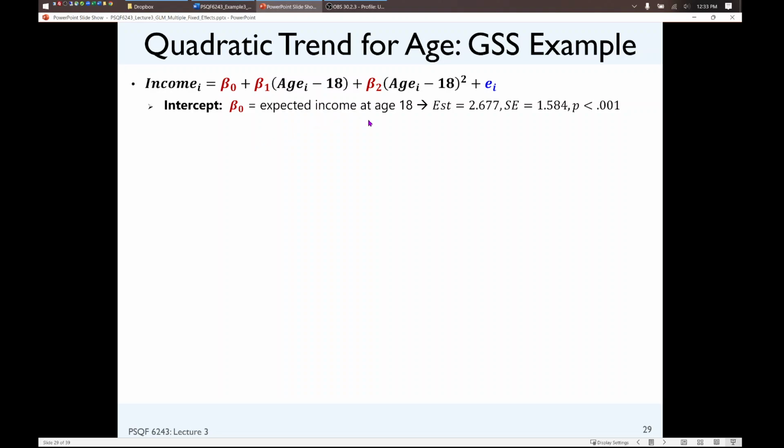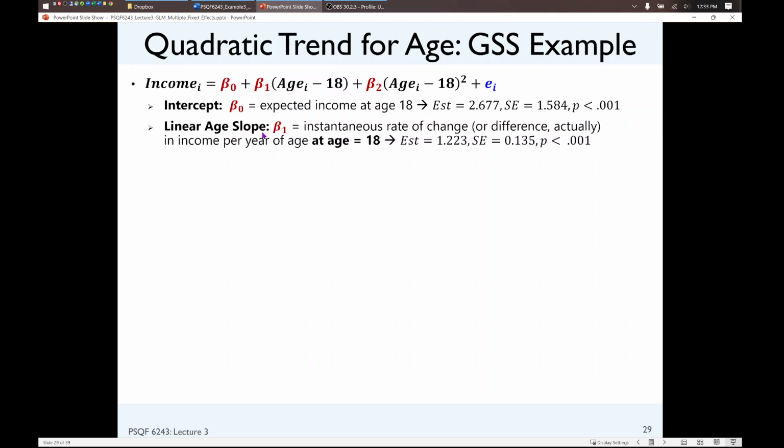So in our data, this is going to be estimated at 2.677, so $2,677. Here's the standard error of that conditional mean, and 2.677 is different than 0, which is a p-value we don't typically care about. The linear slope then. This is the slope of age only when the other part drops out. So we would say that this is the instantaneous rate of change, or age difference in this case, in income per year of age, specifically at age 18.